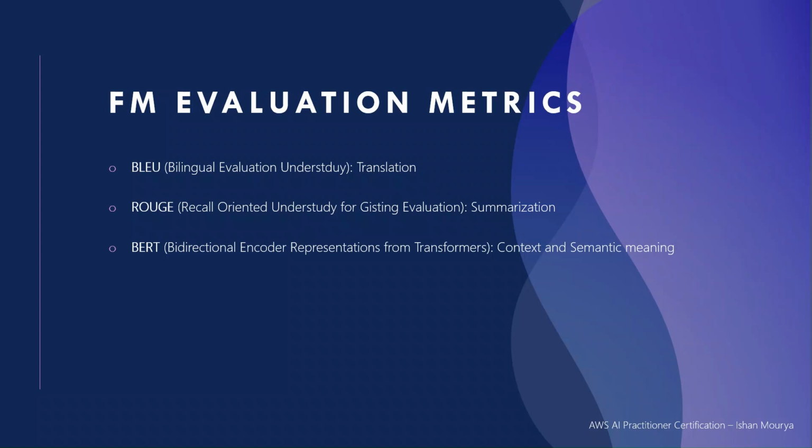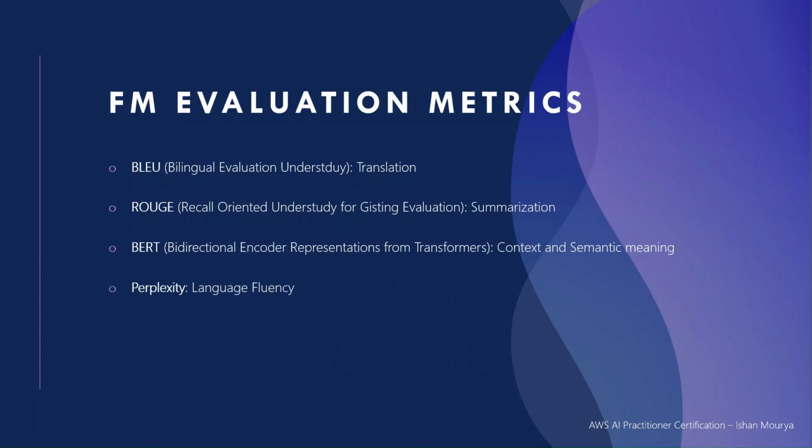But BERT will not directly compare the words, but the meaning of the words. It talks about the context and the semantic meaning of the model's output and the human's expected output. That's why BERT is different from these two.